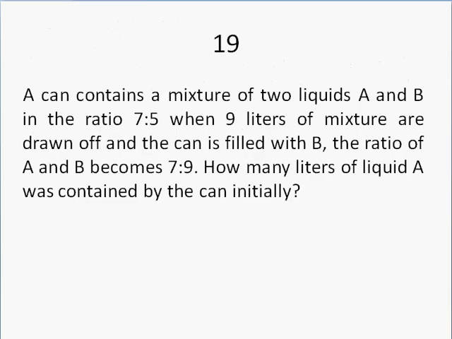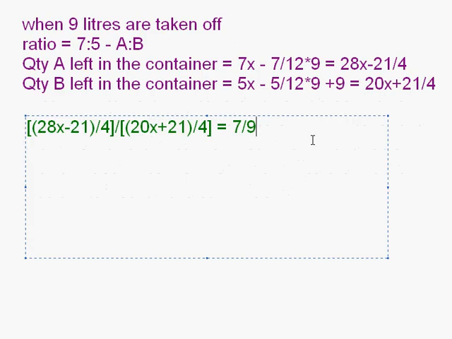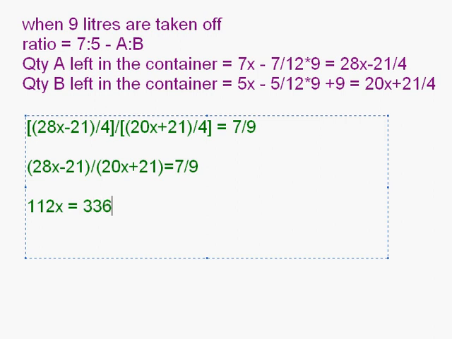Read the question. The new ratio of A and B becomes 7:9, so we will equate it to 7 upon 9. If you solve it, you will get an equation like this: 28x minus 21 upon 20x plus 21 is equal to 7 upon 9. So it will be 112x is equal to 33x, so x will be equal to 3.